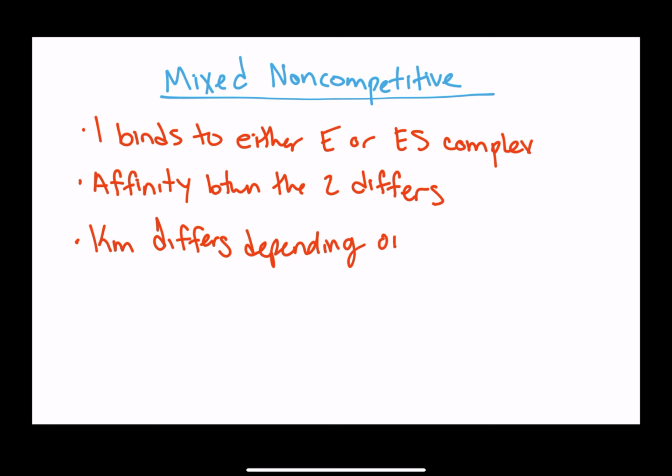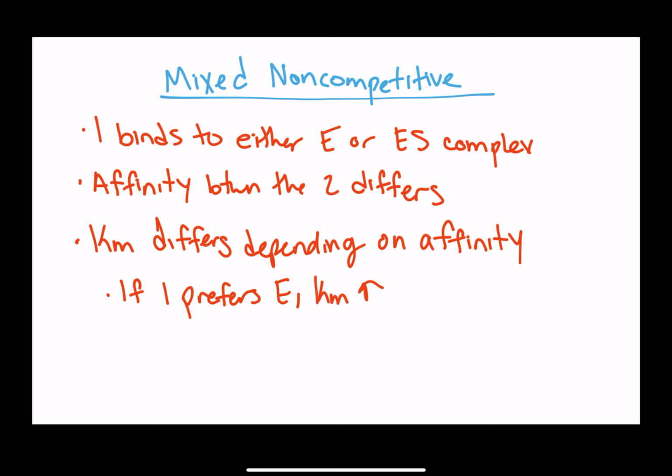And so because the affinity is not always the same, that means that the Km also differs depending on that affinity. Because that's just kind of the definition of what the Km is, right? It's kind of a value of affinity.